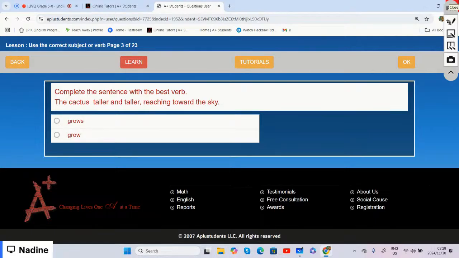The next one says the cactus. Do we say grows taller and taller, or do we say the cactus grow taller and taller, reaching toward the sky?